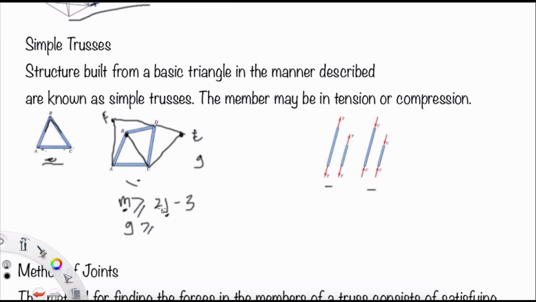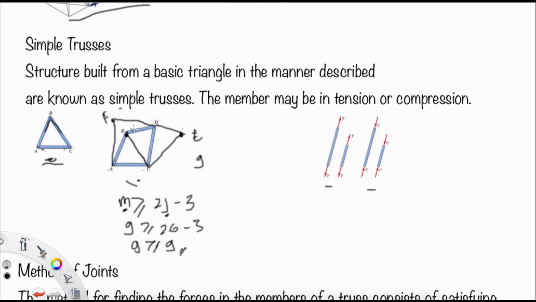It's 9 members. And how many joints? 1, 2, 3, 4, 5, 6. So m is greater than or equal to 2 times 6 minus 3, which is 9. 9 is equal to or higher than 9. It is still stable, and it is good because it's not redundant.